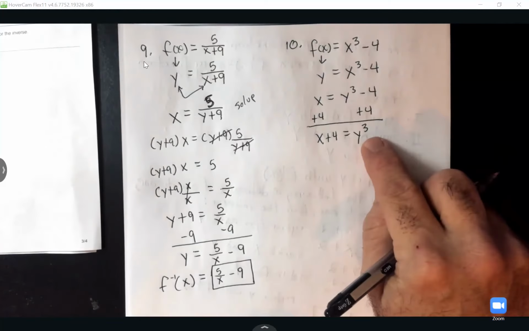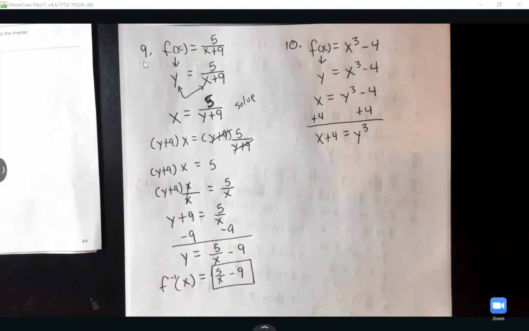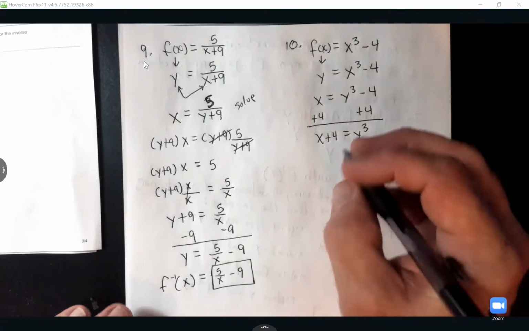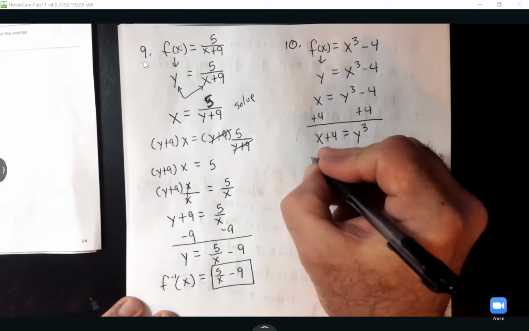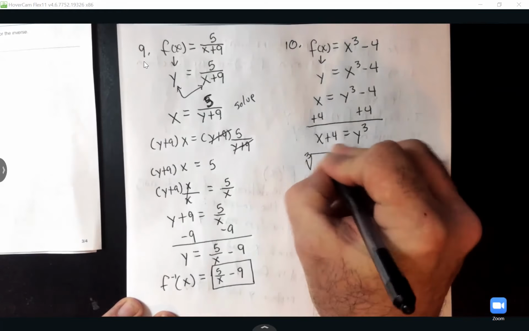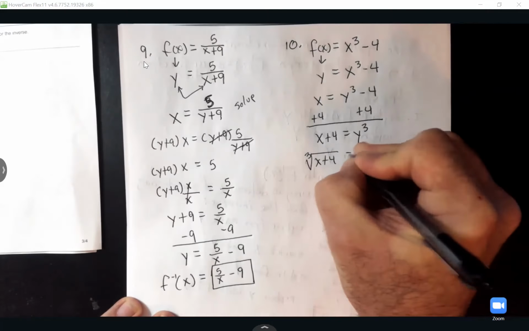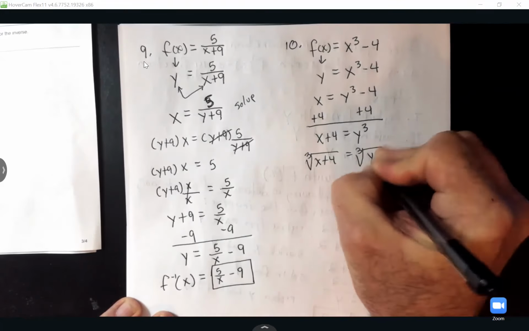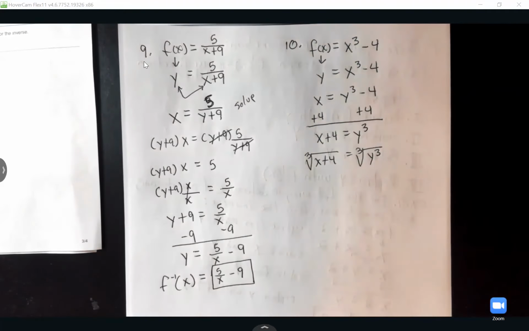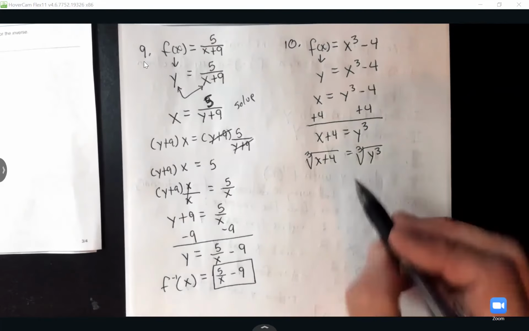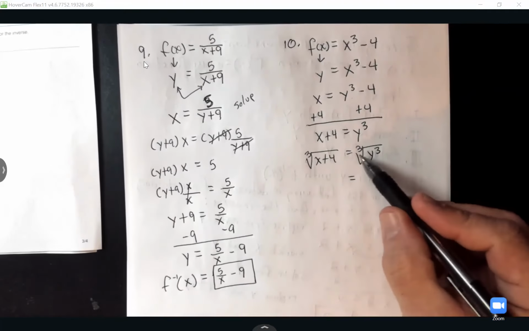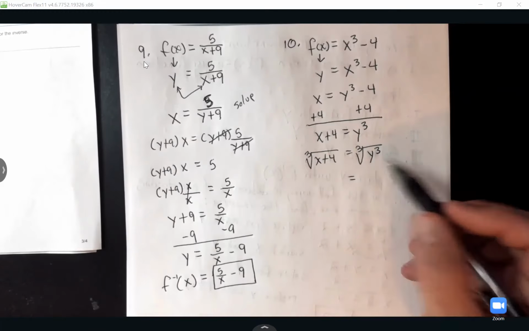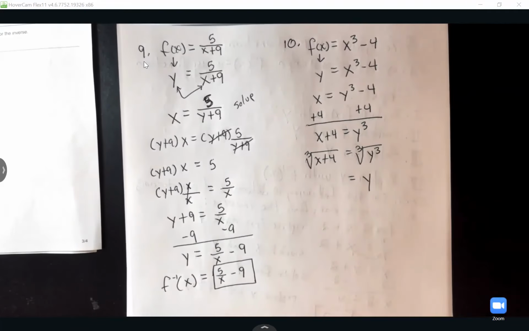To undo exponents, we use roots, like square roots, cube roots, and all that. So what I would do to this problem is take a cube root on both sides. You're going to undo exponents with these radicals. When you take the cube root of y to the third, you get a y.